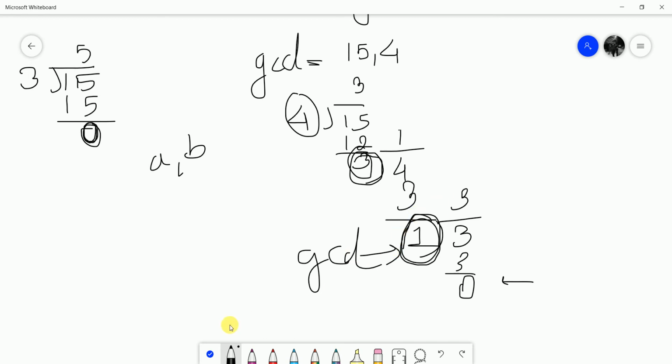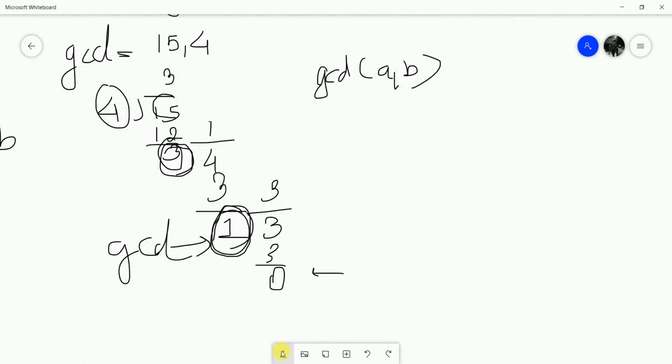Fine. So if we are calculating GCD of a comma b, then in the next step, a was 15.